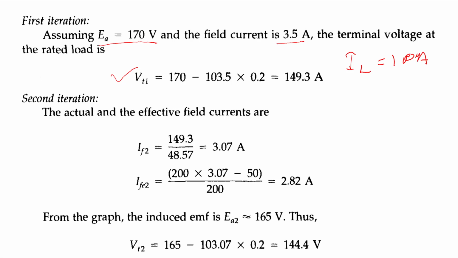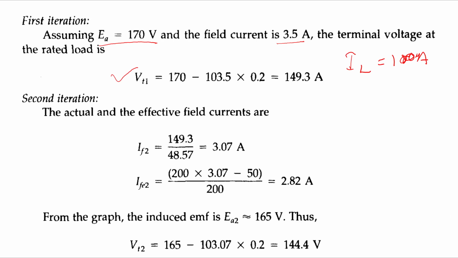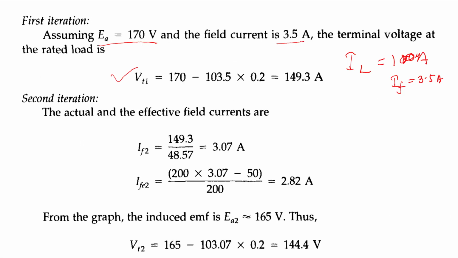And your field current is 3.5 ampere. If we add 3.5 plus 100, that will give me IA, the armature current. So your armature current now becomes 103.5, right?